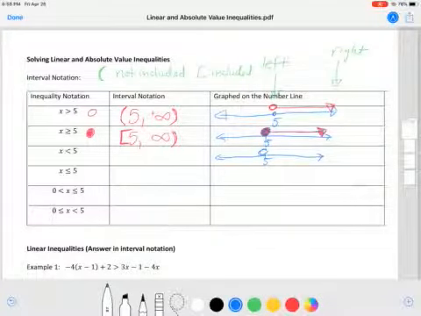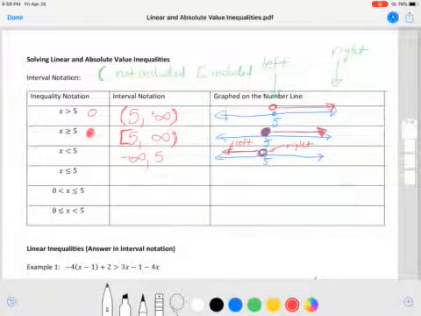So I'm going to use an open circle. And I want to go to the left since it's everything less than 5. So here's my interval. This is my left now, and this is my right now. So when I write this down, my left is going to be minus infinity, and my right is going to be 5, but I'm not including either one. I never use bracket with infinity, and in this case, I'm not including the 5, so this is going to be parentheses.